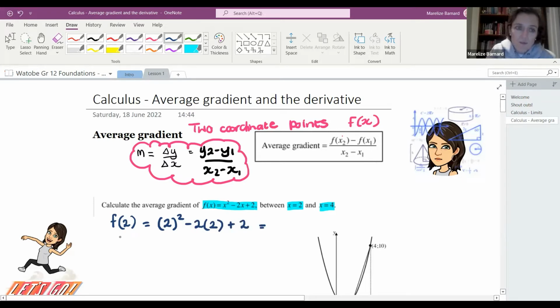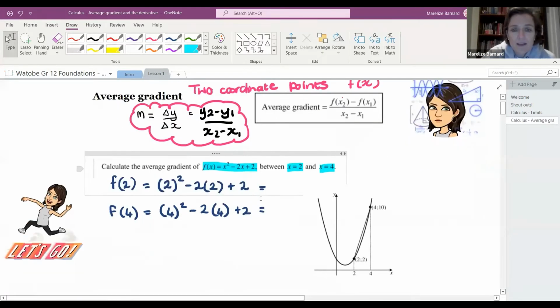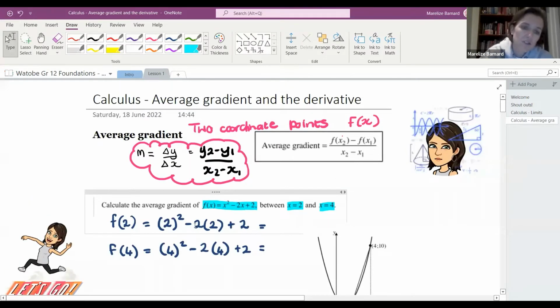So that's for f of 2. And then f of 4, we can calculate as well so that we can get our corresponding y value when x is equal to 4. Okay, so what have I got here? I've got 2 squared minus 2 times 2: 2 squared is 4, minus 4 is 0, plus 2 is 2.